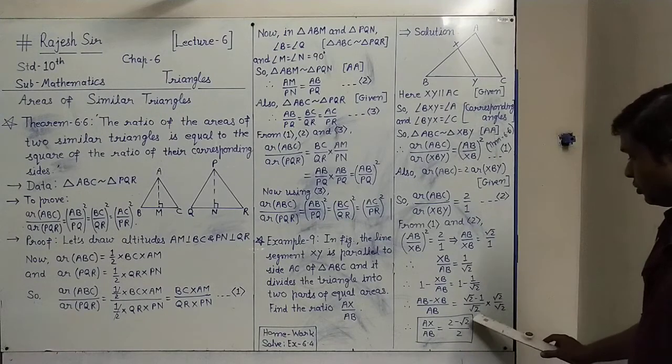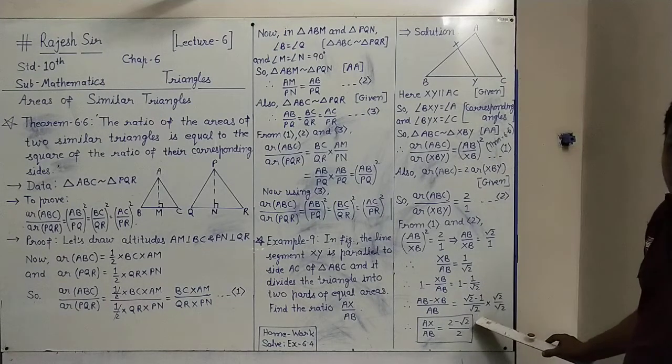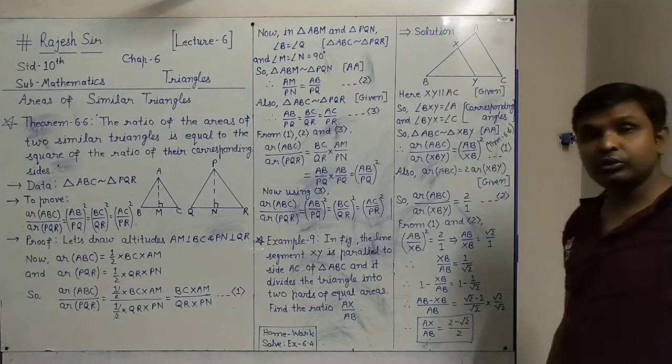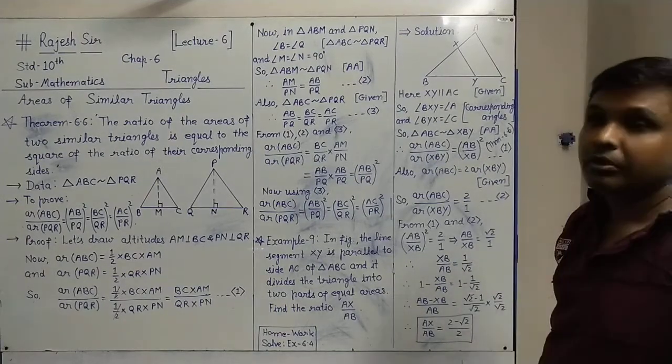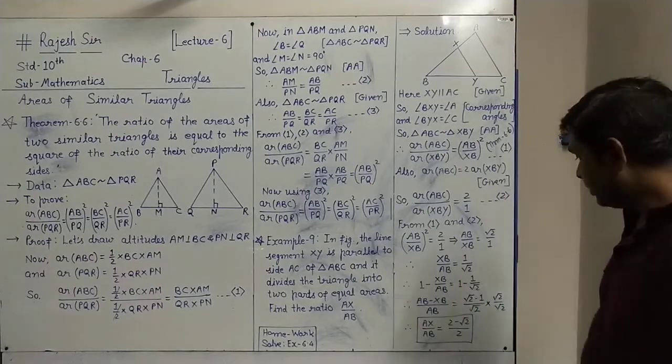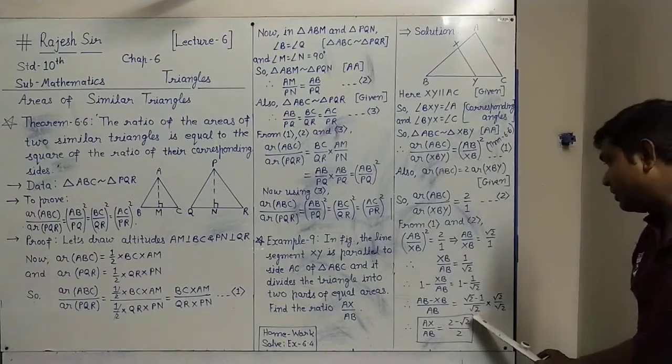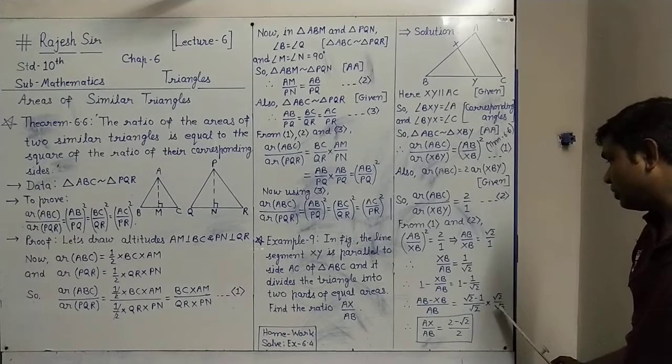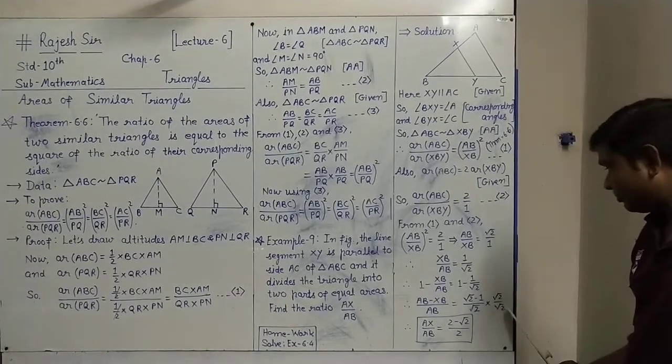To remove this root 2 from the denominator, to rationalize the denominator, as you know in 9th standard, we multiply the same irrational number up and down. So root 2 is there. To remove it, we have multiplied root 2 up and down here.